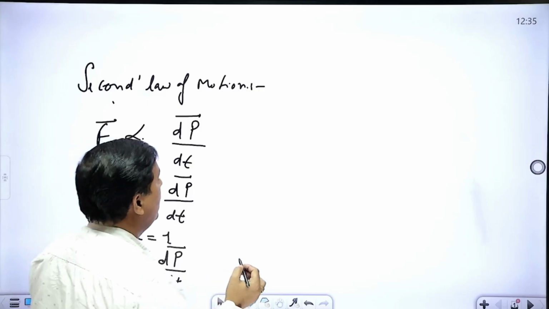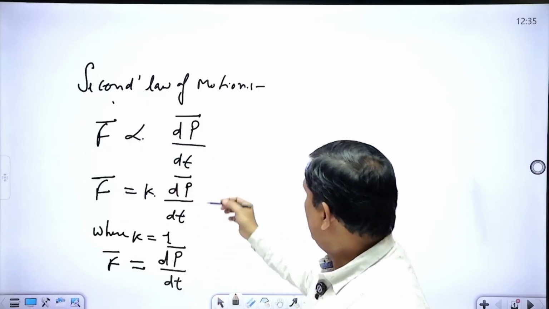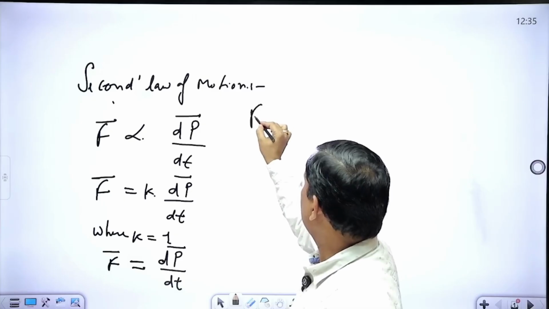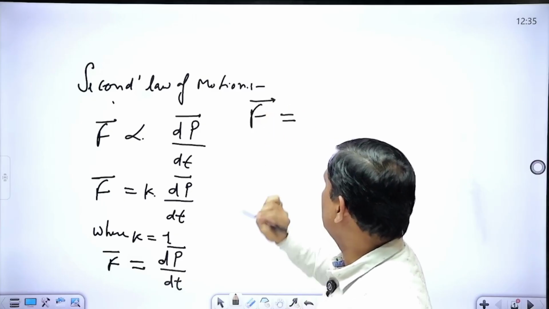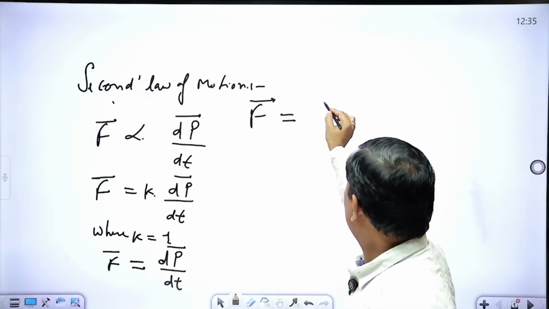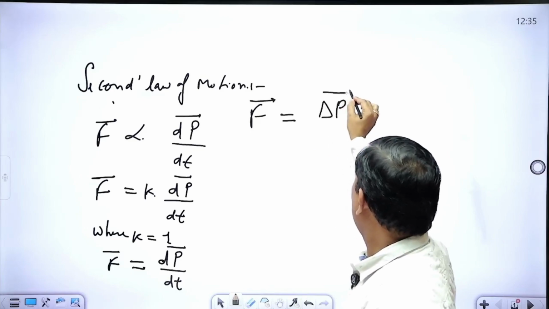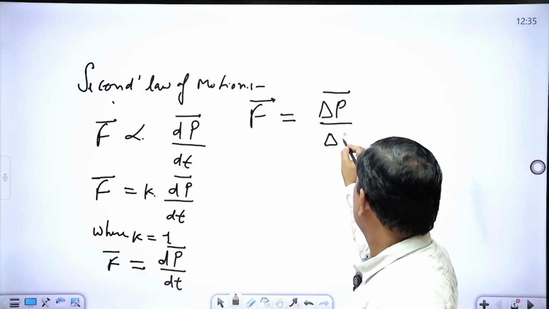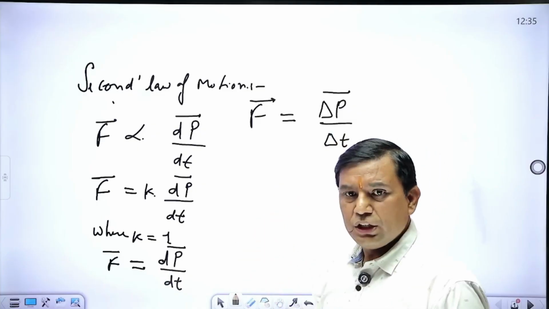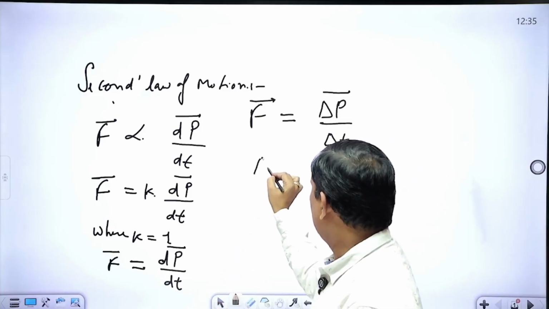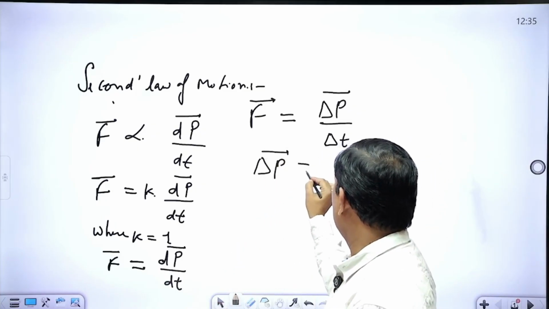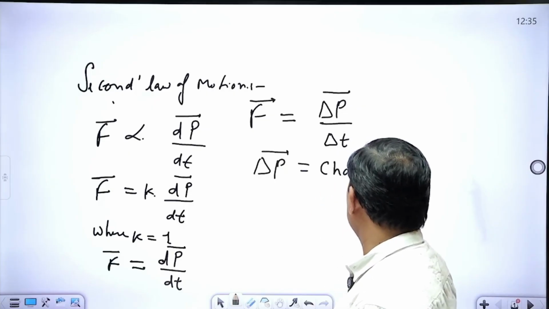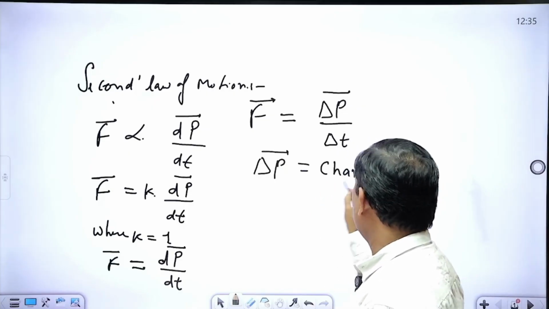We can write this in an easy format: F vector equals delta p vector upon delta t. Delta p means the change in linear momentum.